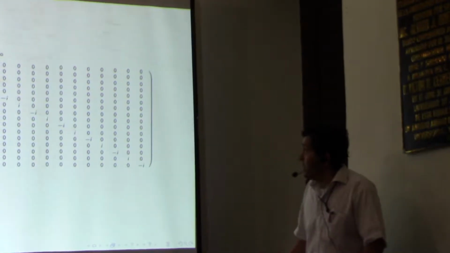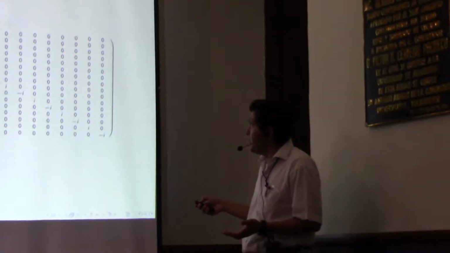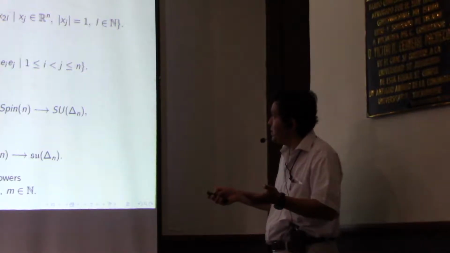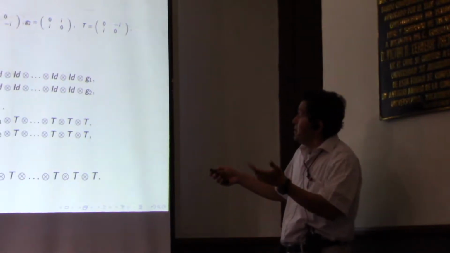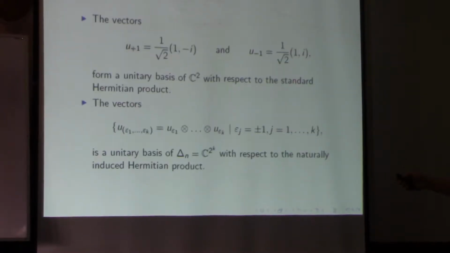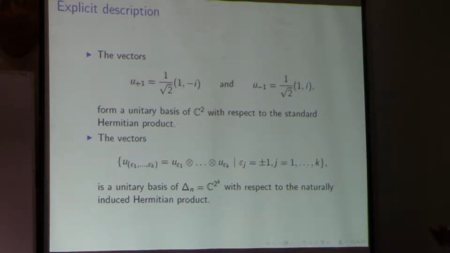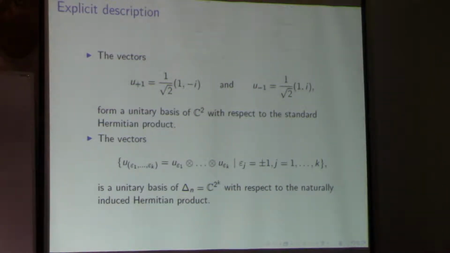Okay? Now, it is a for instance. You know the recipe I was telling you about, how you send generators, and what basis you should use in some order to actually write down the matrices.